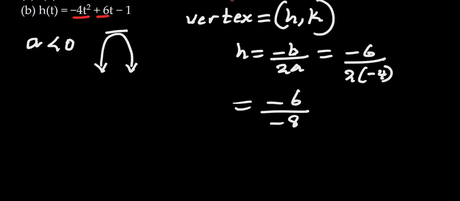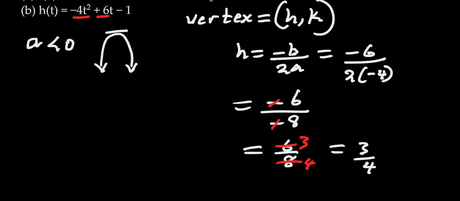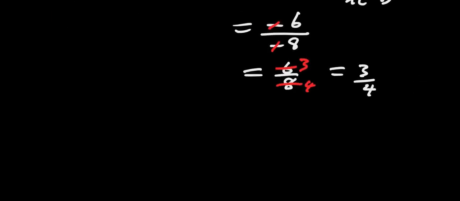So negative is going to cancel negative. And this will become 6 over 8, which can be simplified by dividing by 2 to give 3 over 4. And so this is the value of h. h is equal to 3 over 4.